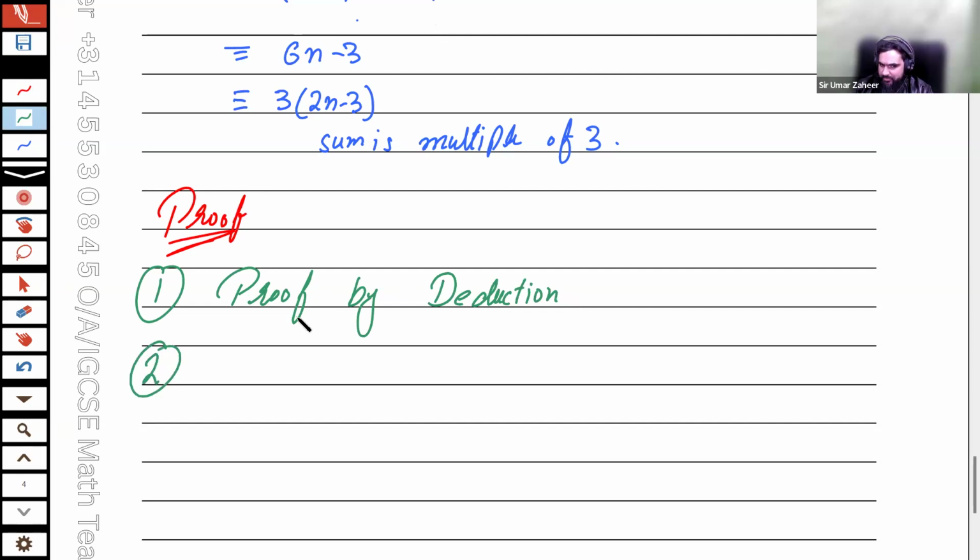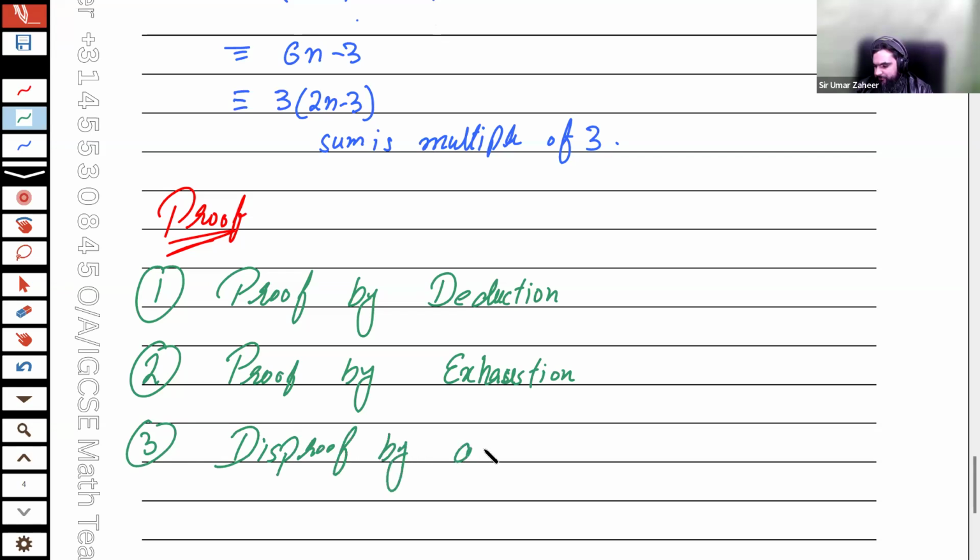The second, proof by exhaustion. And the third one, this is for the disproof, by counter example.